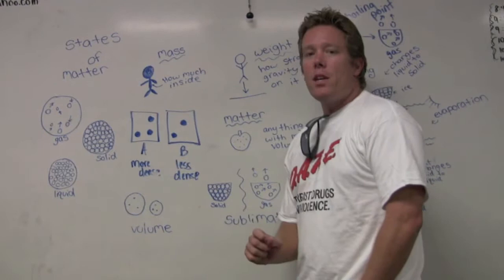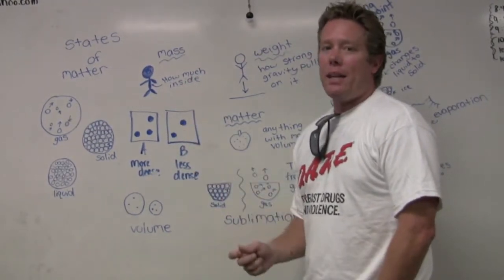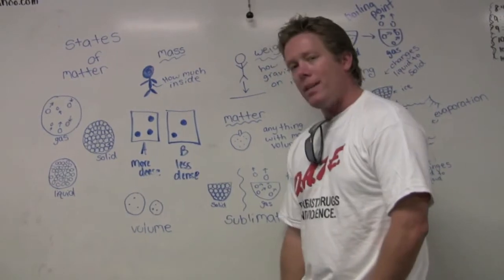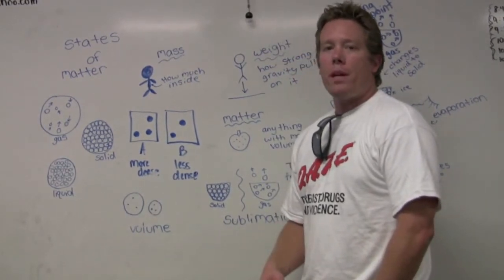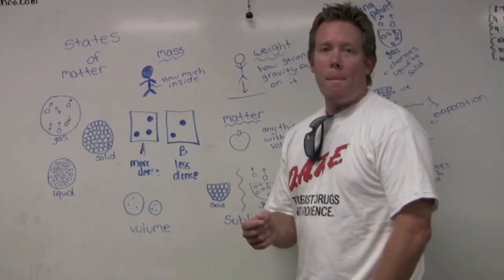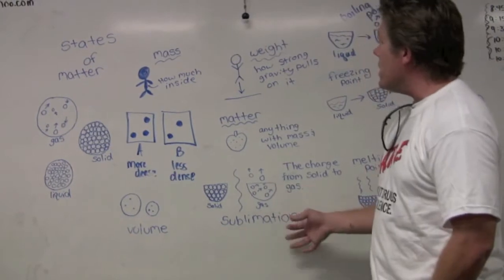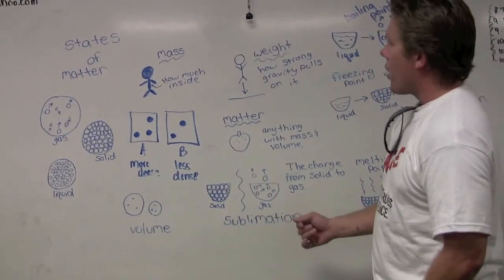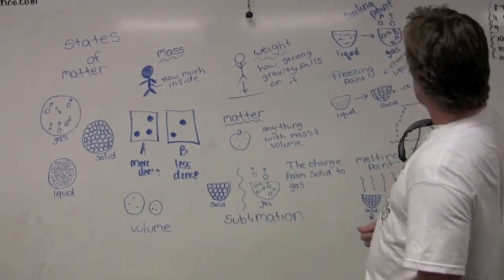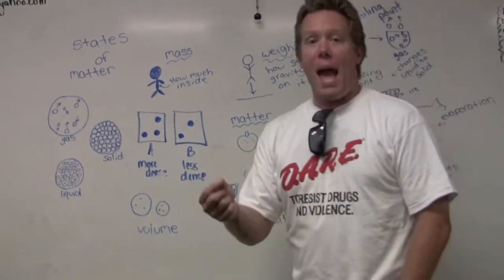You're also going to need to know mass is how much stuff is inside. And we talked about that a little bit in the gravity and orbit lesson. But once again, you're going to need to know what mass is, because you need to know that matter is anything with mass.